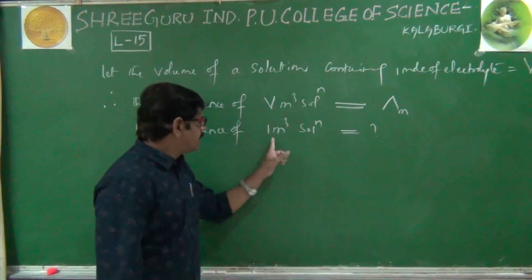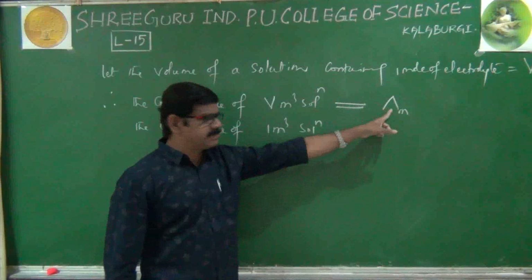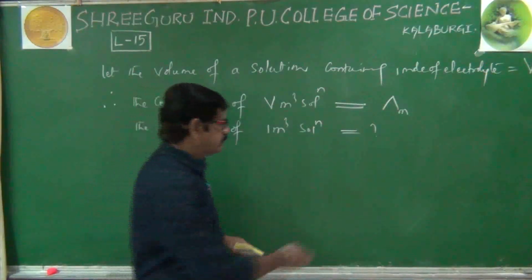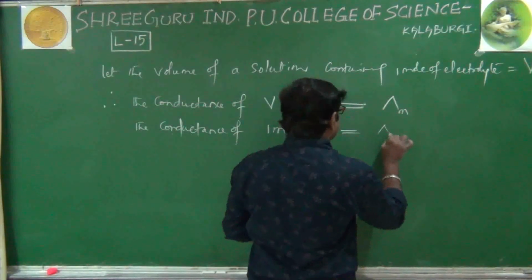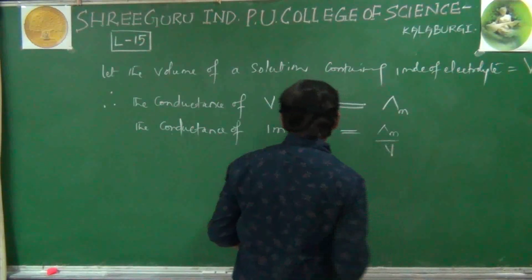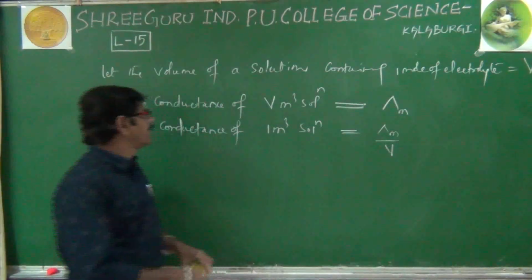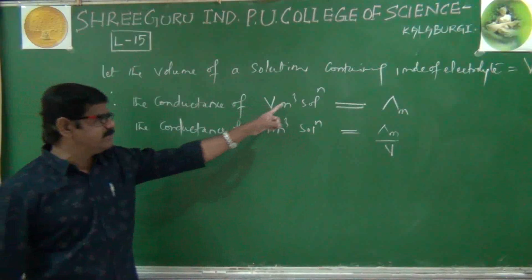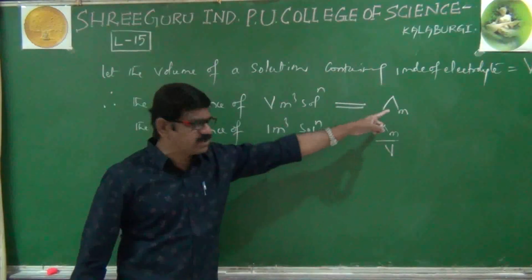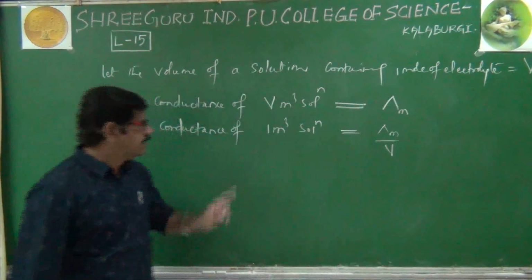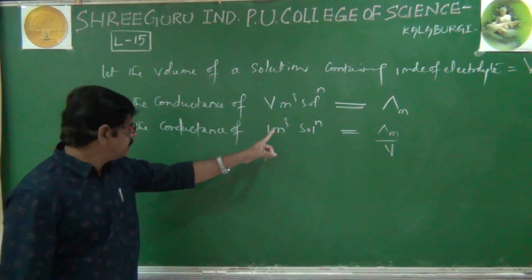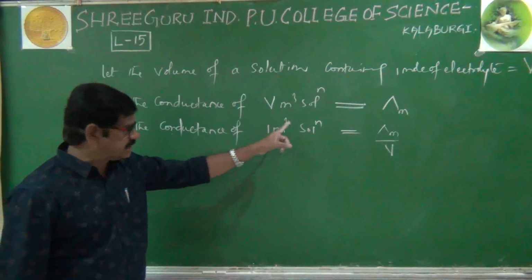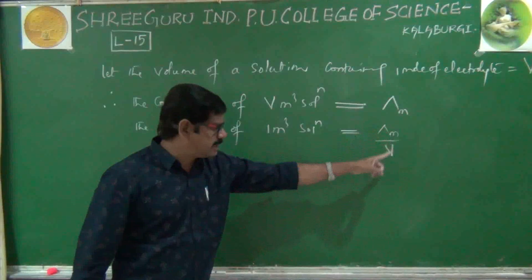Very simple: 1 into lambda m divided by V. Therefore, we get lambda m divided by V. I'll repeat: the conductance of V meter cube of solution is the molar conductivity, but I need only 1 meter cube volume of solution, so the conductivity is equal to lambda m by V.